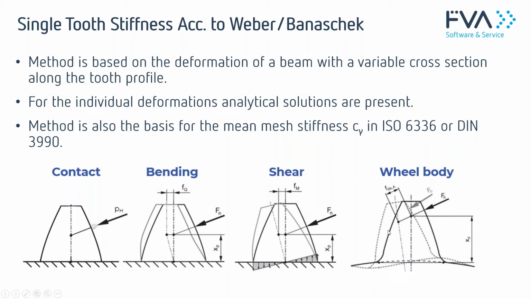So this is not the whole wheel body, but just the connection area. These formulas according to Weber-Banaschek have been the basis for the simplified formulas for C gamma in the ISO or DIN calculation.